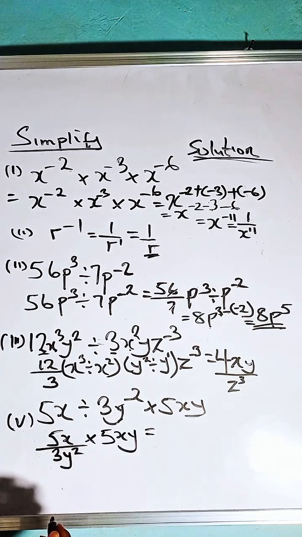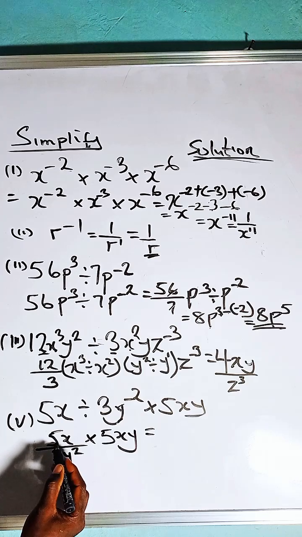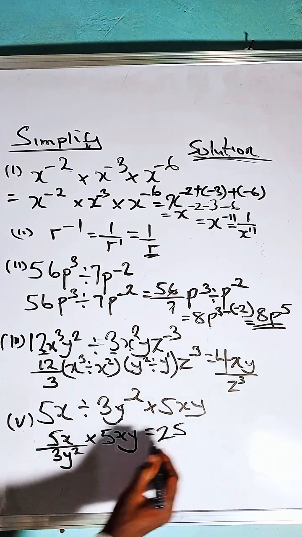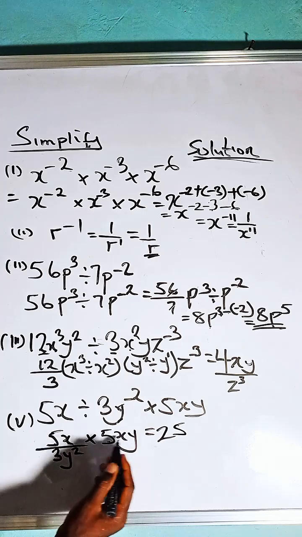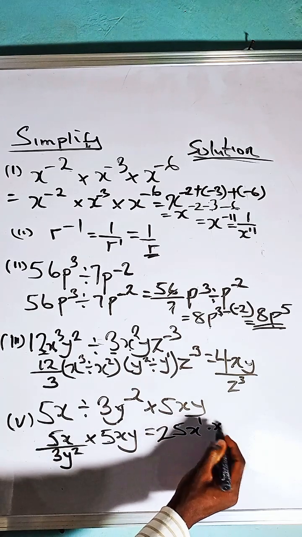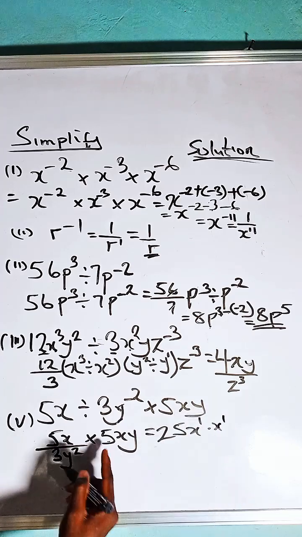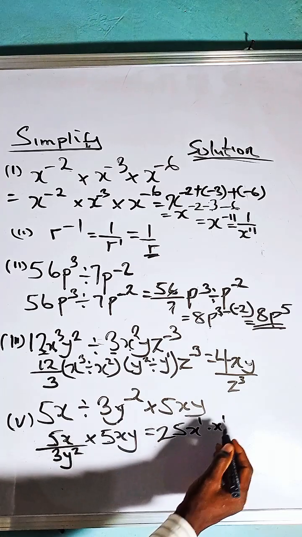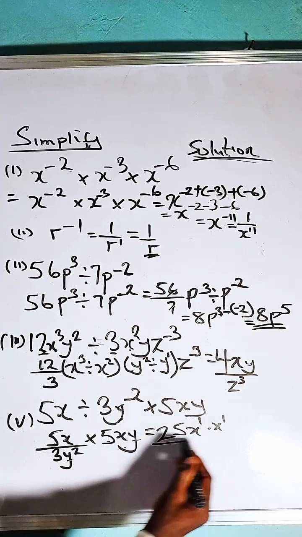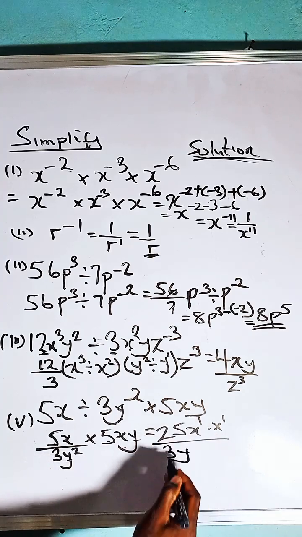We can easily multiply this together. 5 times 5 is 25. For x, we have x to the power 1 times x to the power 1. For y, we can remove this from y squared, so we have 3y.